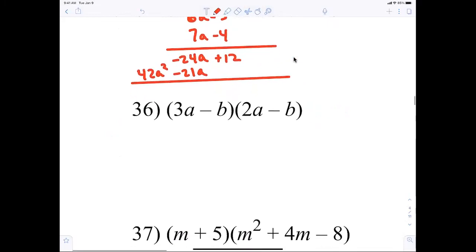Final answer, 42a squared minus 45a plus 12. Anybody have any issues with that?